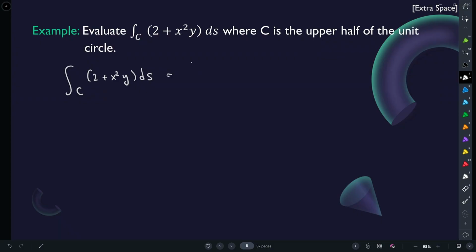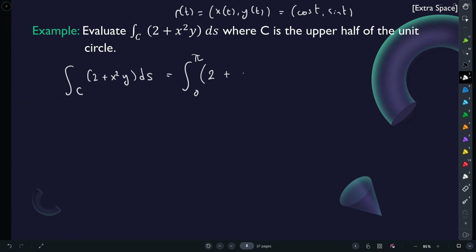That is going to be the integral in t from 0 to pi of 2 plus, I do have to convert that r of t is x of t, y of t, and my x values are on the circle, and that is cosine t, sine t.